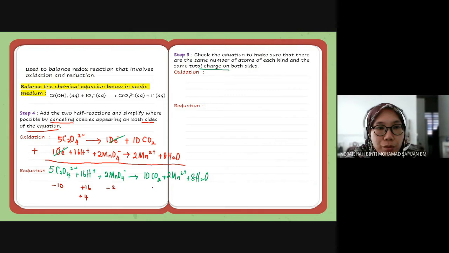Okay, for this side 2 times positive 2, positive 4. This side 0, this side pun 0 lah, so sama dia punya charge. So done, this equation is in acidic medium. Okay, kenapa kita kata dia acidic medium? Sebab kat sini dalam persamaan ni kita ada hasilkan hidrogen. So kat sini yang menunjukkan dia dalam keadaan acidic.